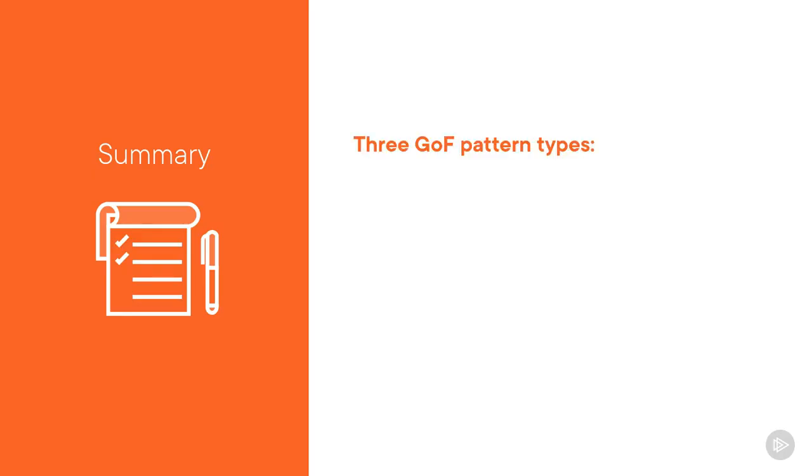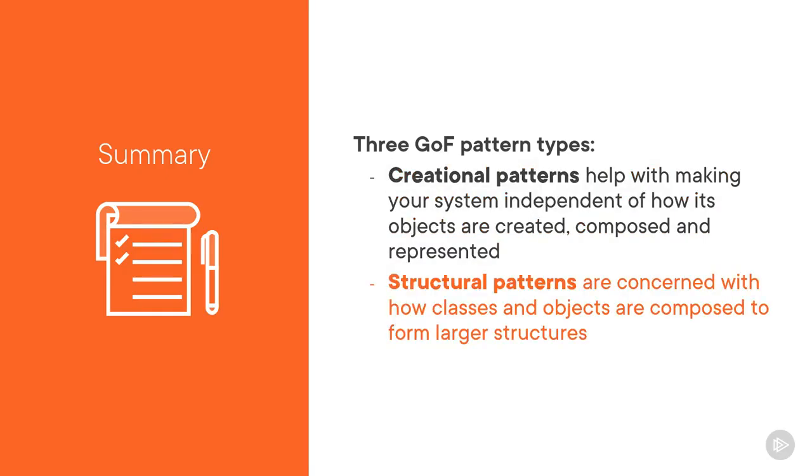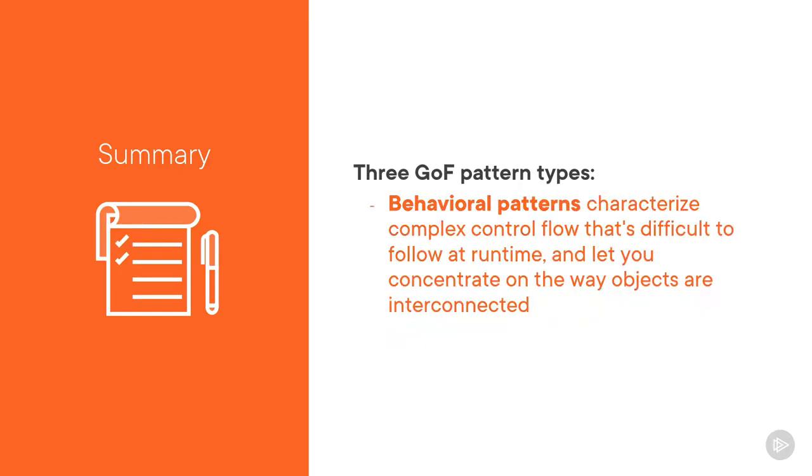There's 3 categories. Creational patterns help with making your system independent of how its objects are created, composed, and represented. Structural patterns are concerned with how classes and objects are composed to form larger structures. And behavioral patterns characterize complex control flow that's difficult to follow at runtime.